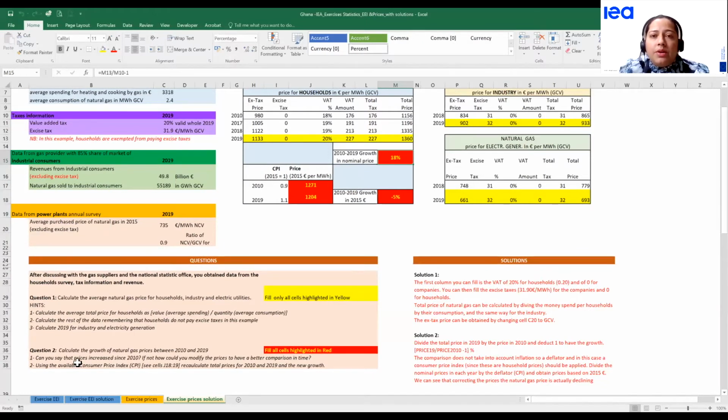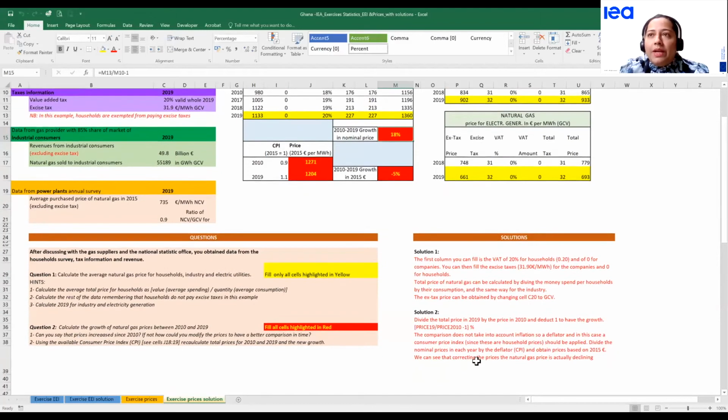So we see that prices have increased by 18% for households. Can you say that prices increased since 2010? If not, how could you modify the prices to have a better comparison in time? We cannot, because even though we have an 18% increase, it's just a growth in nominal price, and it doesn't really reflect reality.